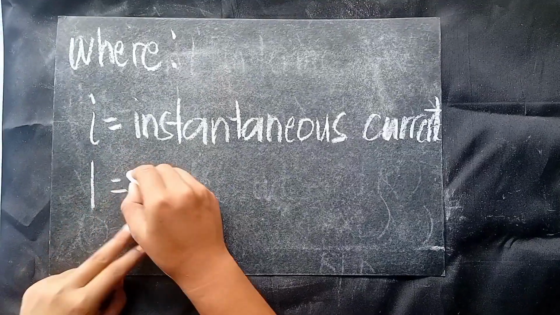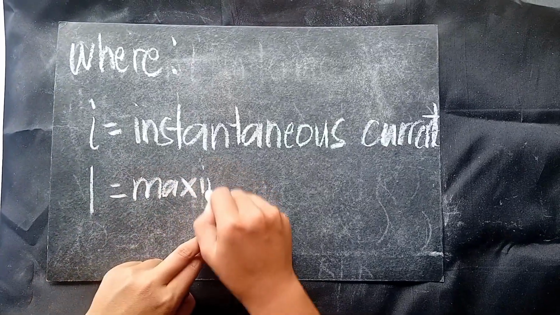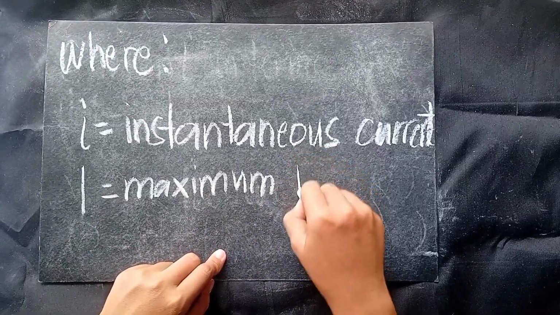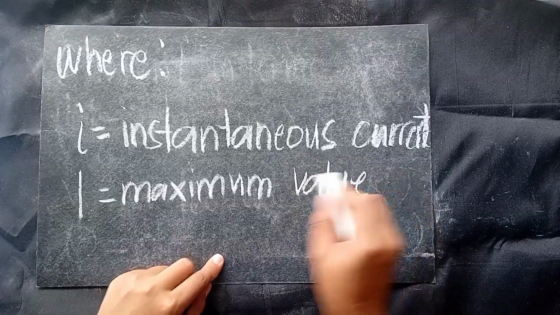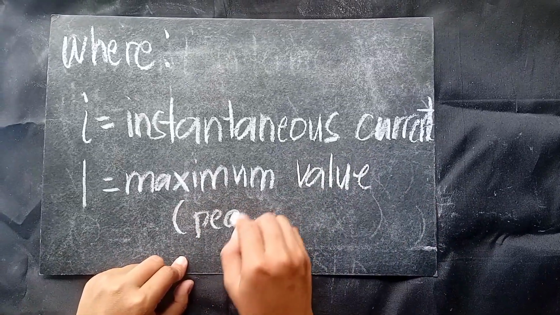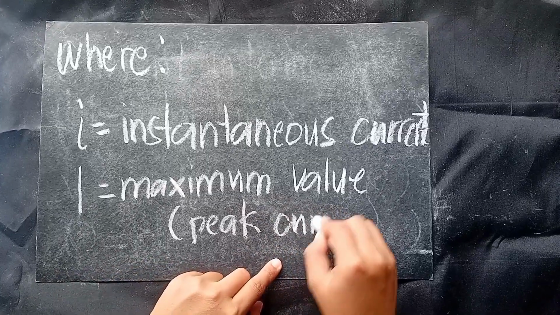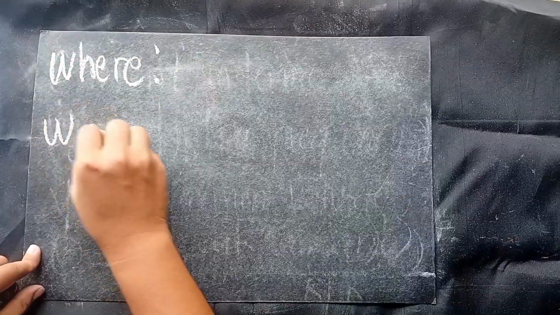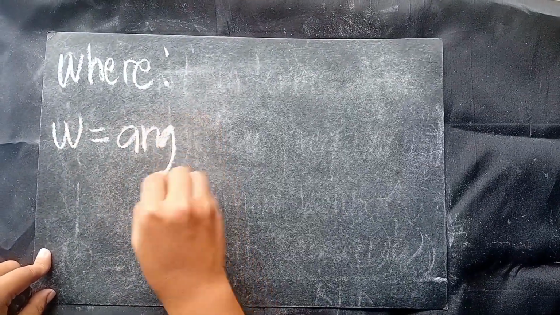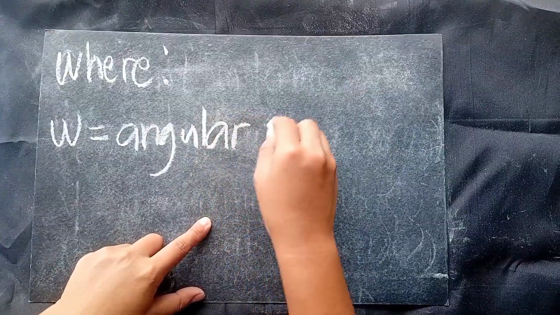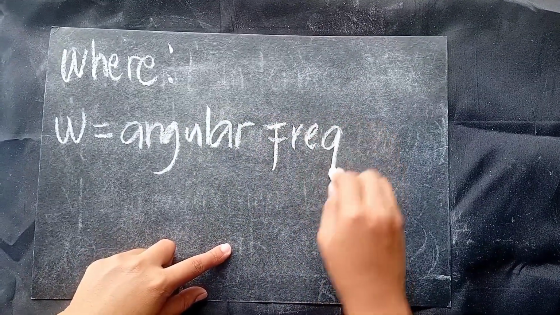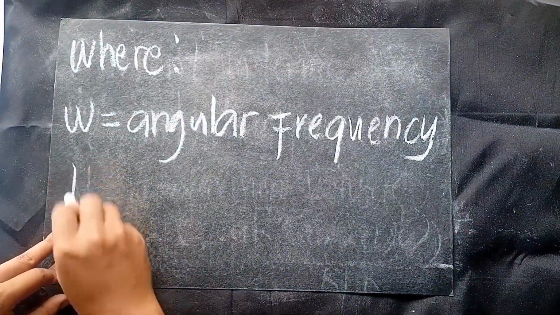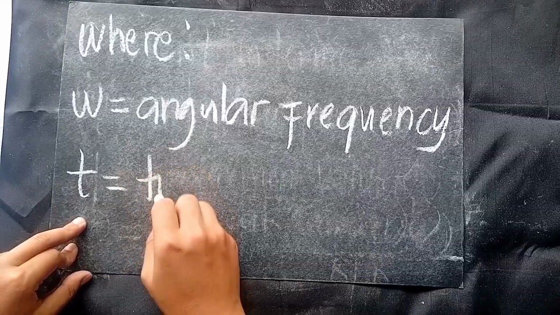And your big letter I is your maximum value or peak current. Now your W is your angular frequency. And your T represents the time.